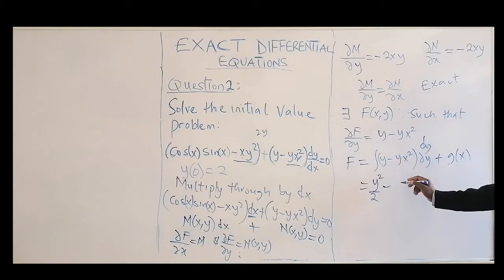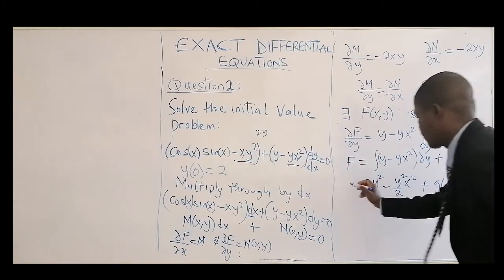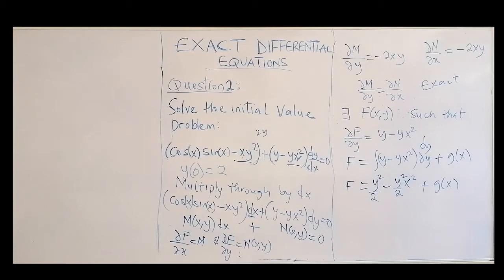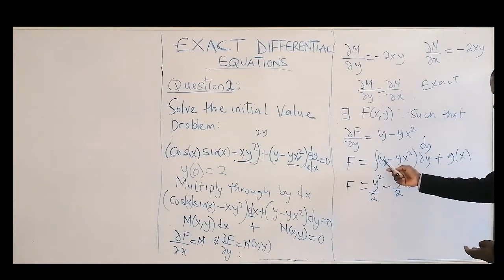So that's y squared over 2 times your x squared, then plus g of x. So that's the f. Let me repeat that again. You are integrating partially. This is your y, and you know that generally for integration, the power here is 1 already, plus 1.